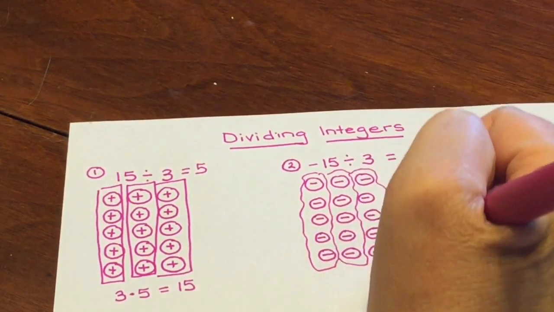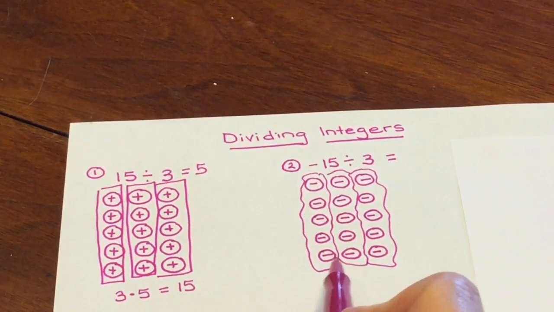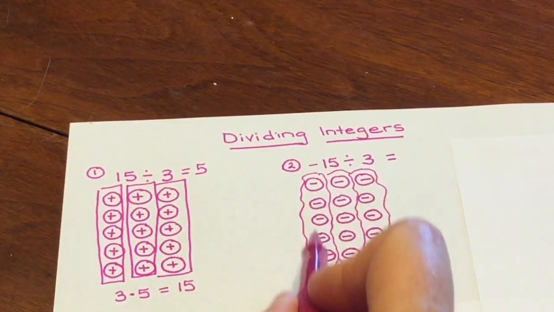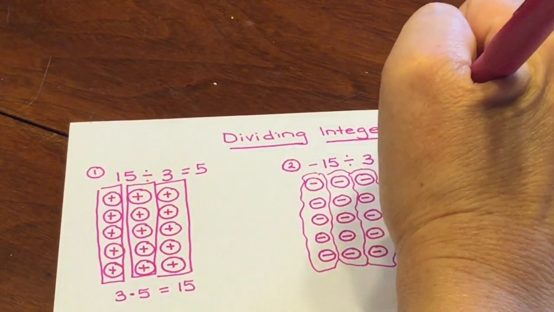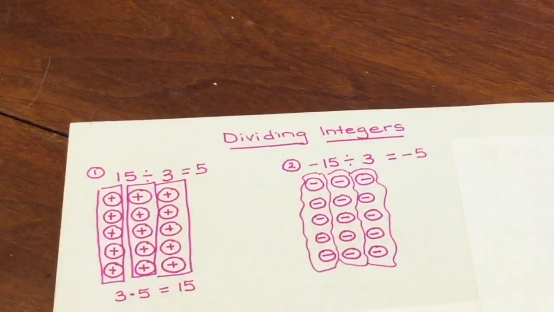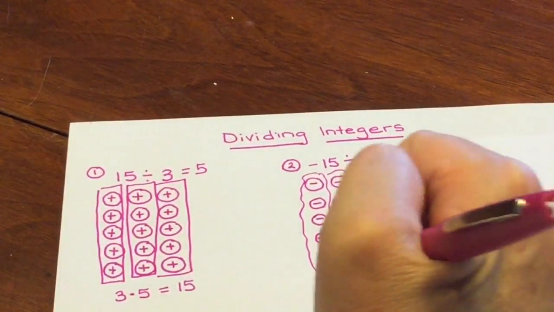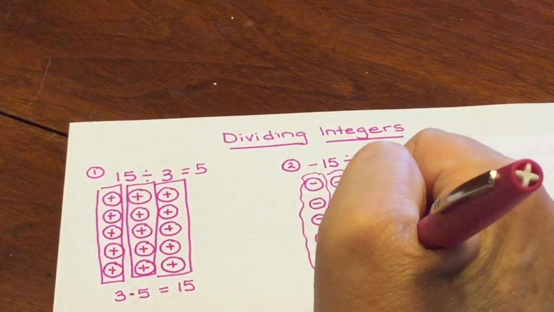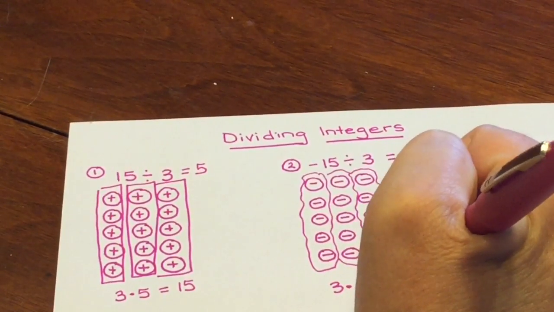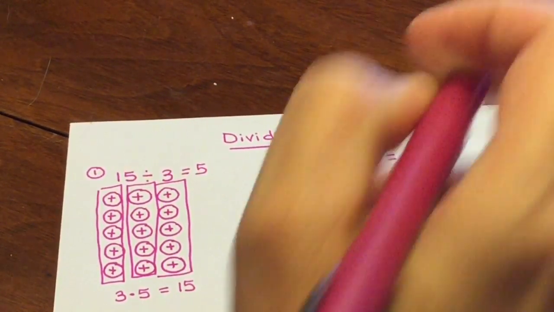And there's our 3 groups. You will notice that in each group there are 5, but this time they're negative 5. So negative 15 divided by 3 is negative 5. And we could rewrite that as 3 times negative 5 equals negative 15.